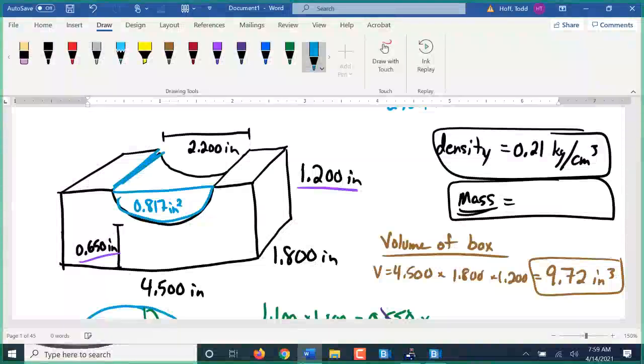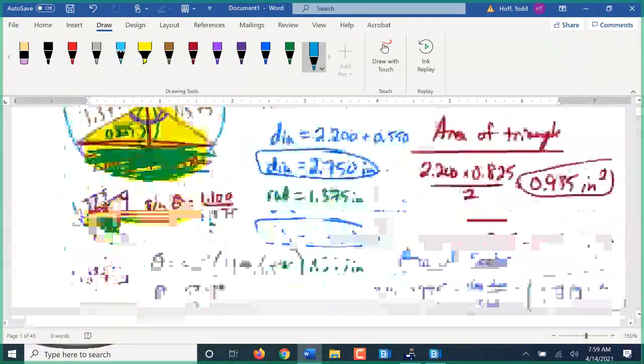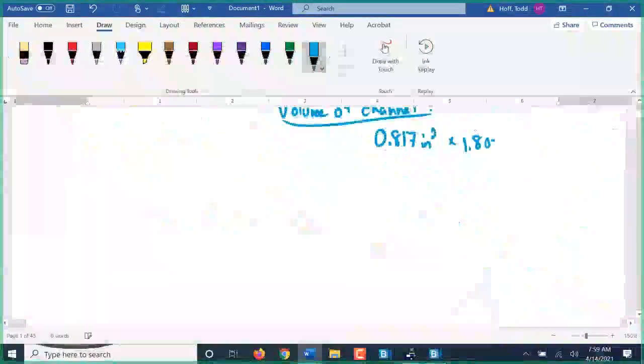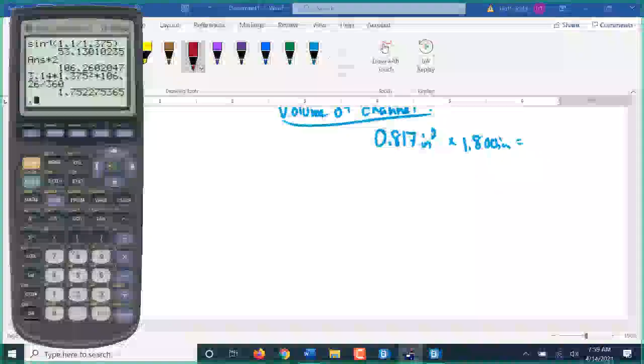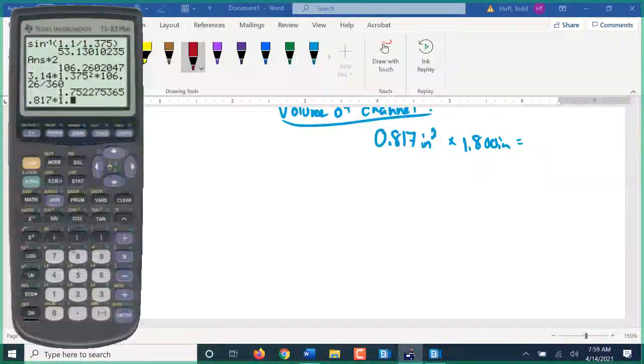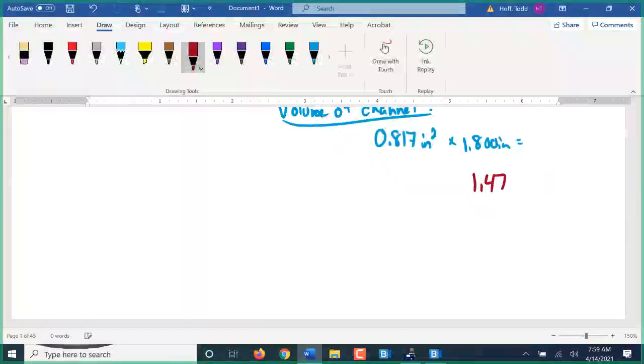Multiply by that length. Sorry, not area, volume of 1.471.